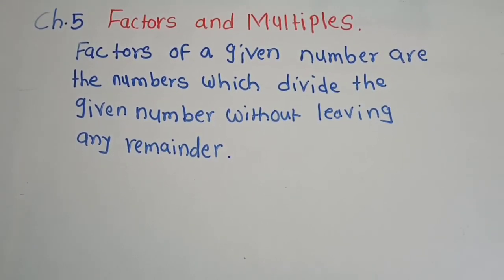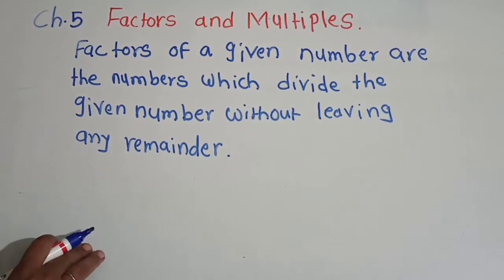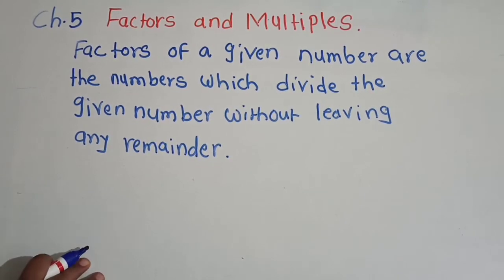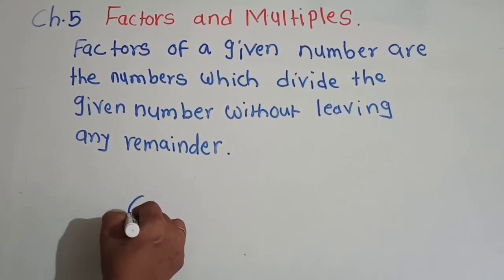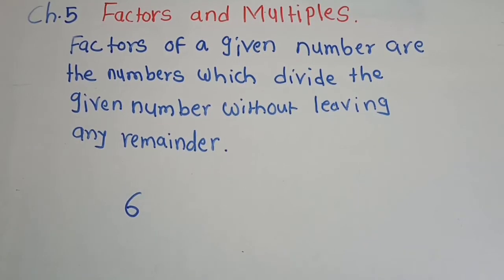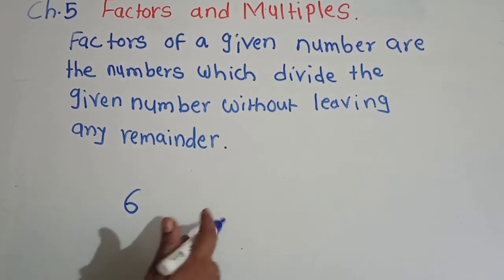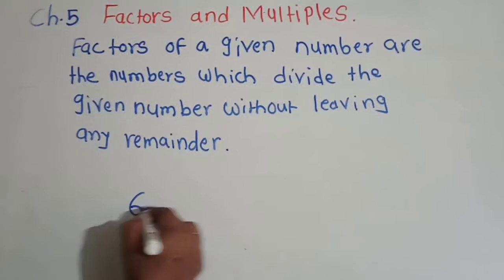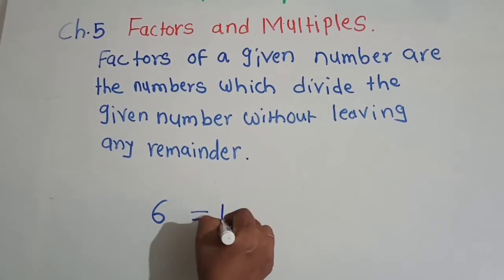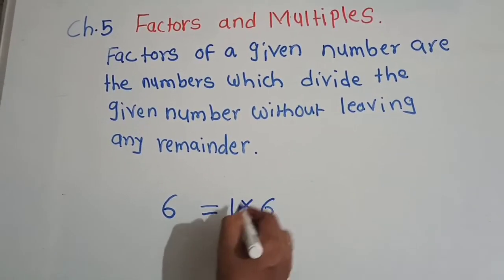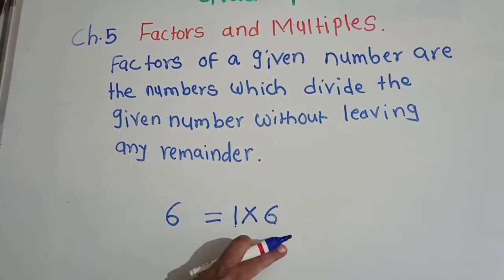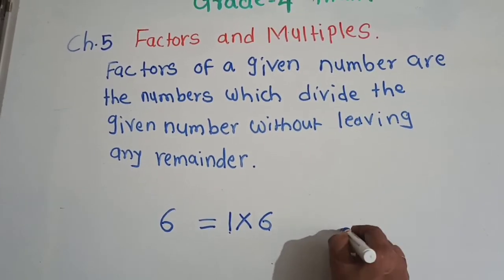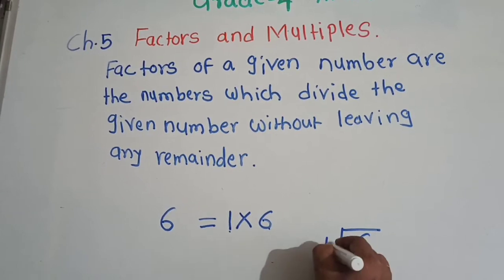Okay, so see here, if we take an example, 6. 6 means 1 multiplied by 6, 1 sixes are 6. Or we can see this as 6 divided by 1.